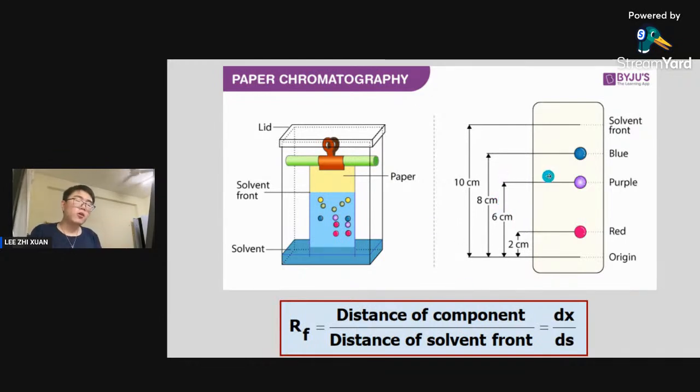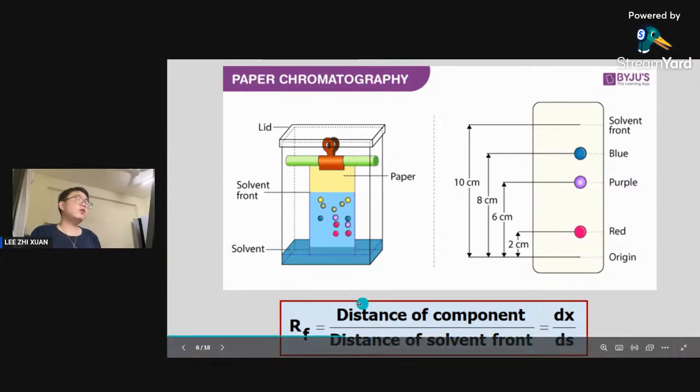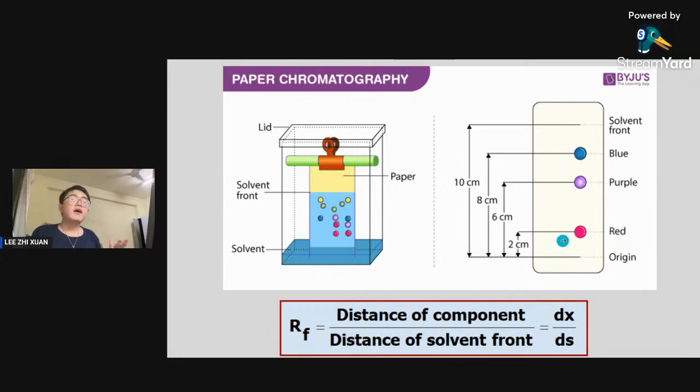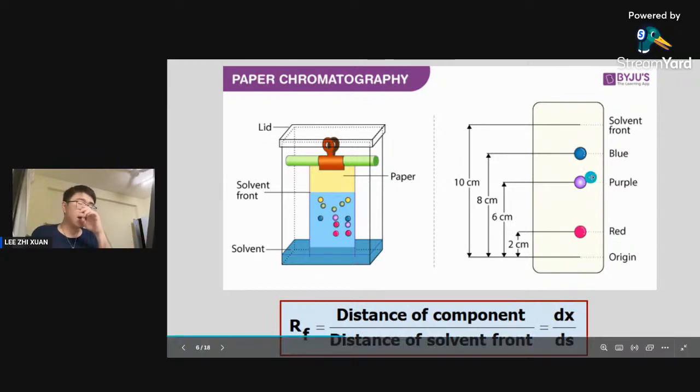I hope in the exam, if this question comes out, everyone can answer it because it is very easy. I can say it is a bonus mark to you lah, because you just memorize this formula. Just know that the upper part is the component, the lower part is the solvent, and the lower one is fixed, and the upper is based on the component lah.